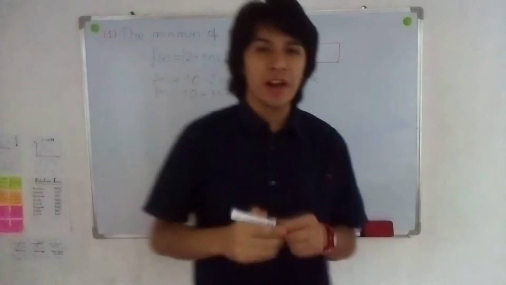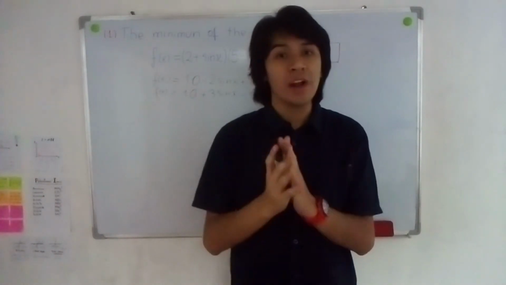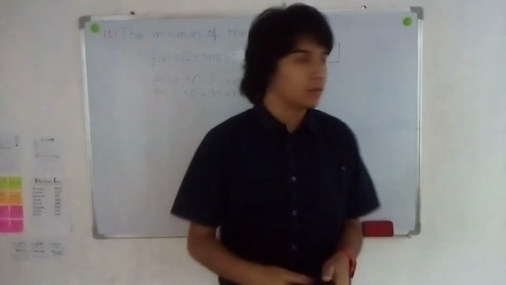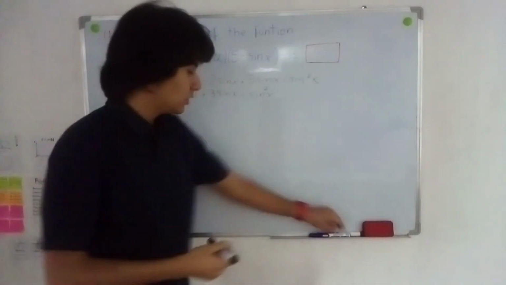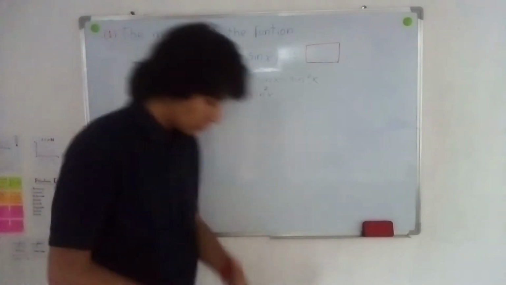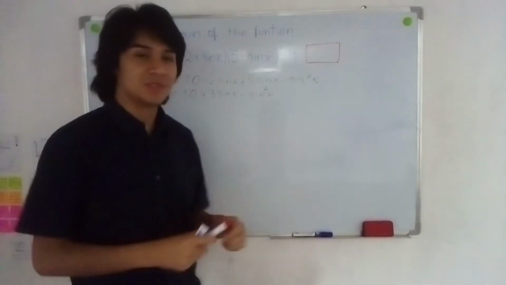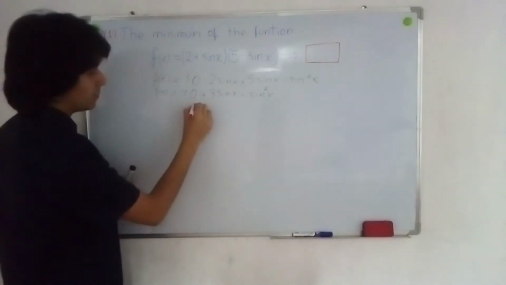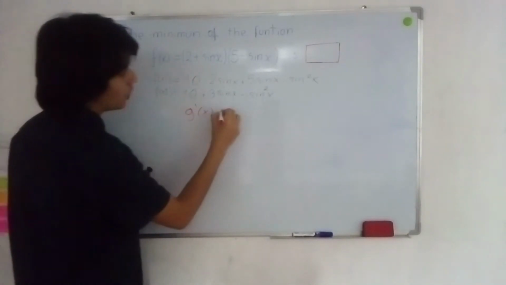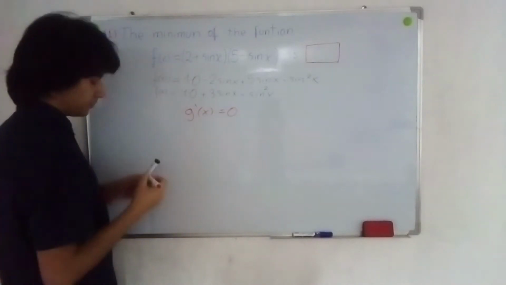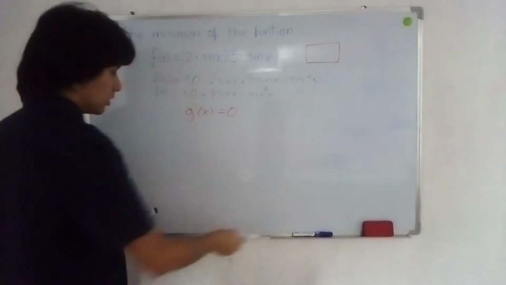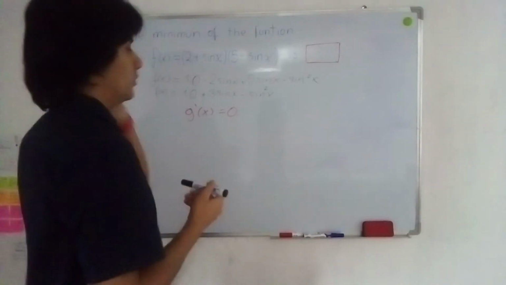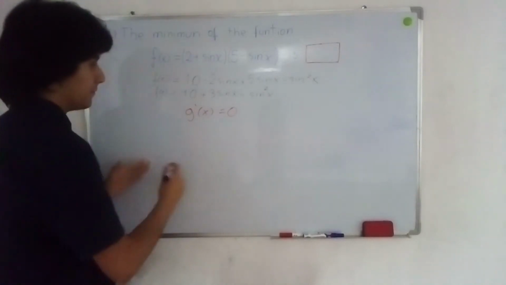So, where is the critical point? Where is the formula of the critical point of a function? The formula is the derivative of, for example, g equal to 0. That is the formula. So let's do that in the function f.